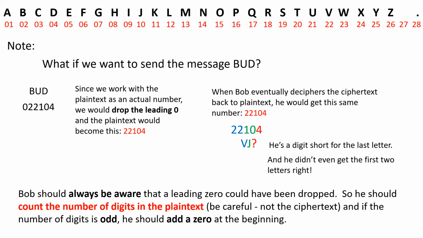He would get 22104 and count 1, 2, 3, 4, 5. If the number of digits is odd, then he should add a 0 at the beginning, because any plain text should end up being an even number of digits. So that's what he should have done. He should have said, wait, there's only 5 digits, so I'm going to put a 0 in front, and my plain text will be 022104. Then he would have been able to decipher that correctly.